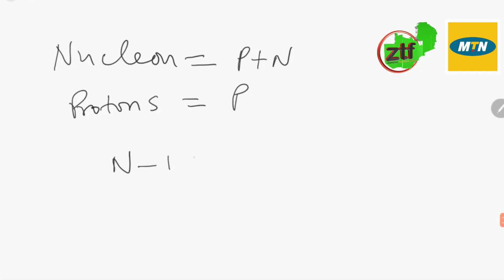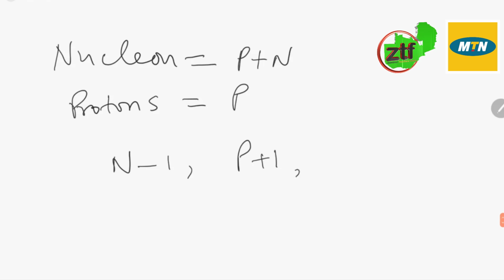Now, this electron is what is ejected in form of a beta particle because it cannot sit inside the nucleus. When this is ejected, what it means basically is that the number of neutrons has reduced by 1, while the number of protons has increased by 1.